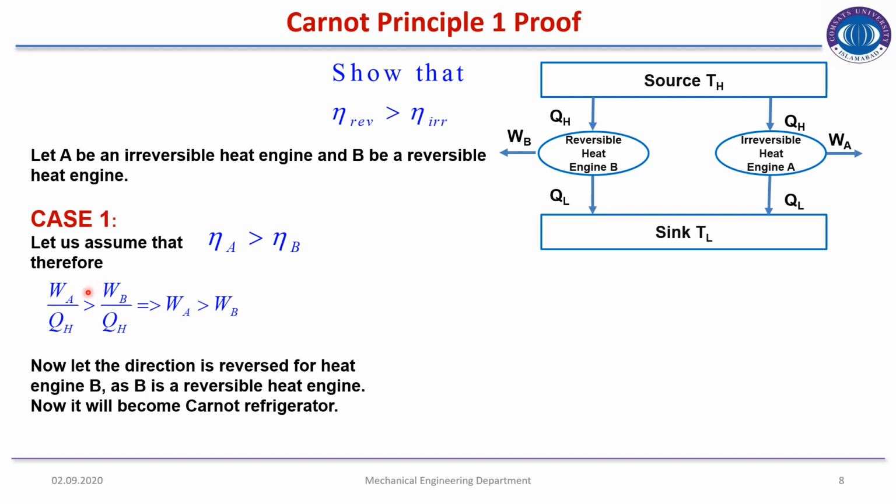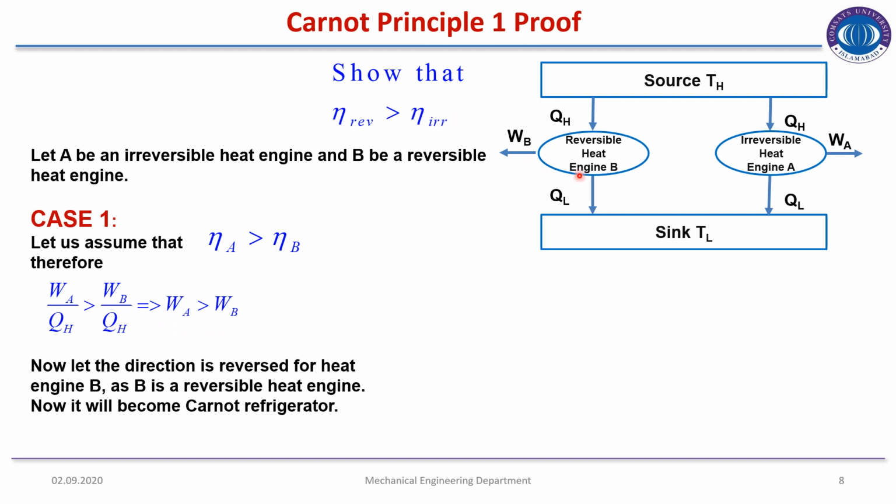Therefore, the efficiency formula is W over QH. So WA over QH will be greater than WB over QH. That means, as QH will be cancelled out on both sides, WA is greater than WB.